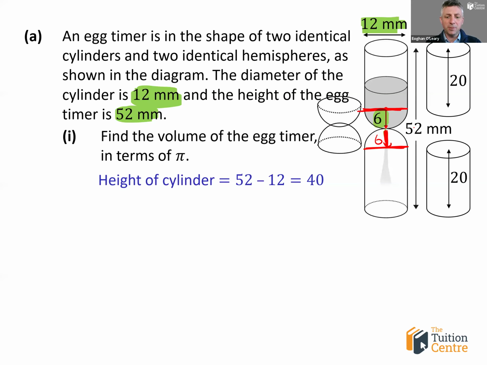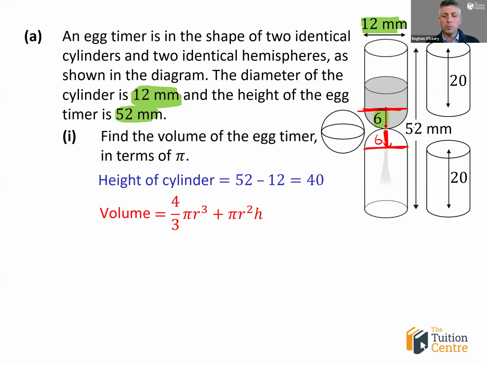The sphere then, well, okay, we have these 2 hemispheres, but flip them over together and we've got ourselves a sphere, and that sphere is going to have a radius of 6 millimeters. So let's fill in the formula. We know our volume is 4 over 3 pi r cubed for our sphere, and for our cylinder it is pi r squared h. So we can put in 6 for our radius for the sphere. Similarly for the cylinder, and the height is going to be 40. Well, why 40?